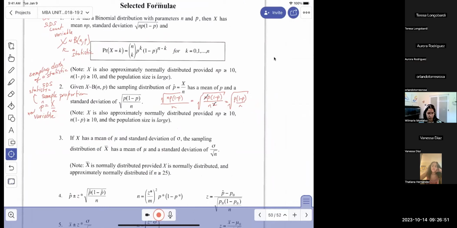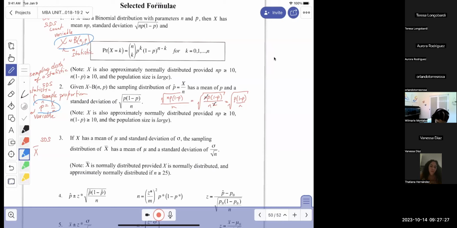So problems that deal with averages, you look here. Again, this is going to be the sampling distribution of a statistic, and the statistic is X bar. We know what X bar is. So we've gone from X to P hat, and then we have X bar.